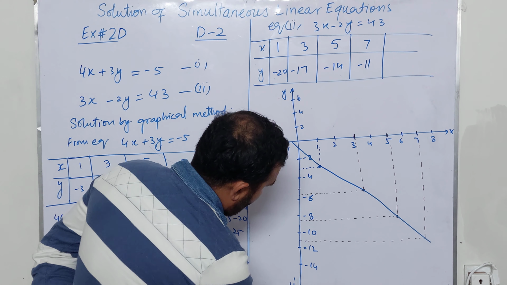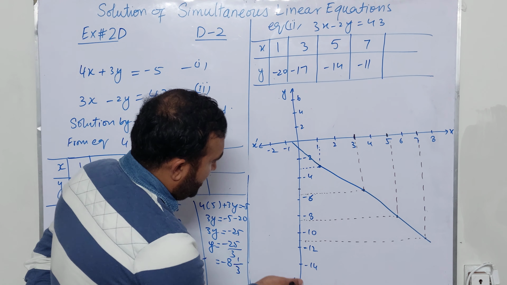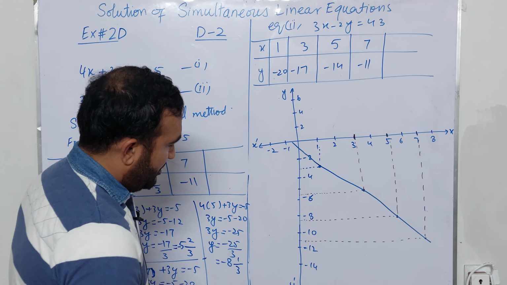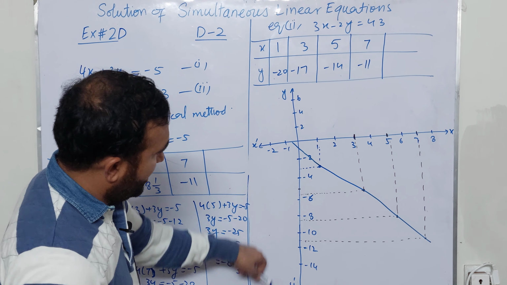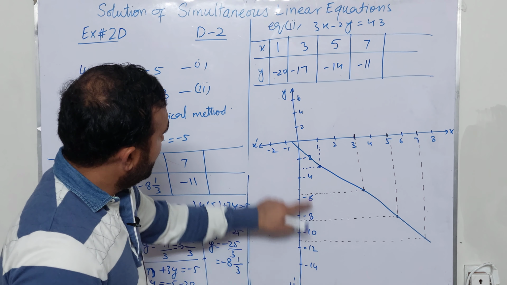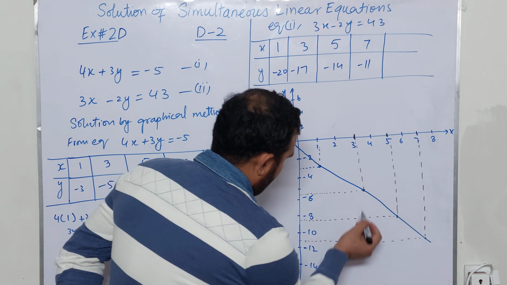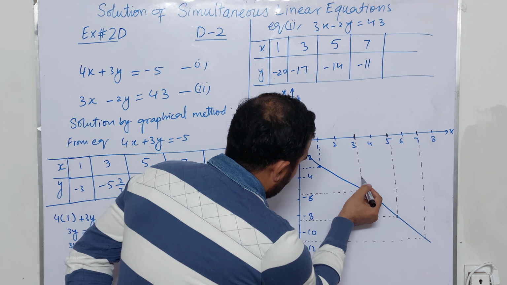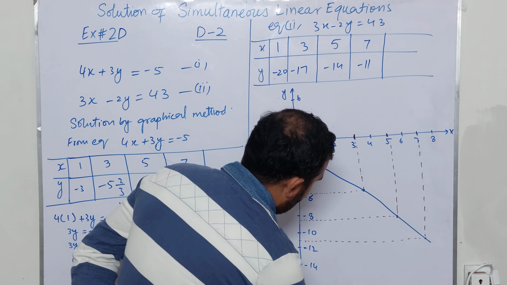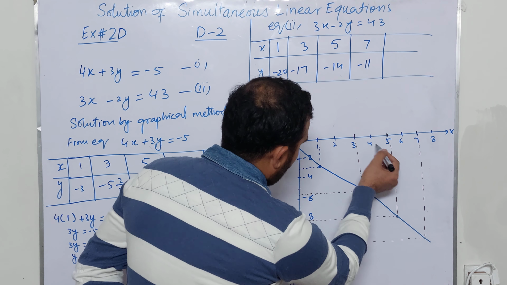Since I don't have space to go to minus 20, I will take it as far as possible on the negative y-axis. Okay, so this is 1, minus 20, and the other one is 3, minus 17, so it will be just like over here somewhere.